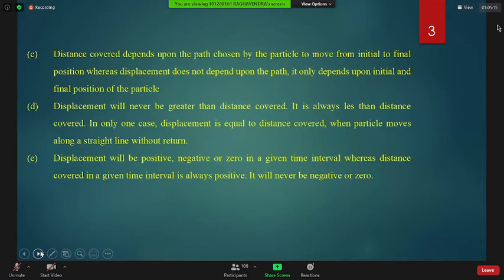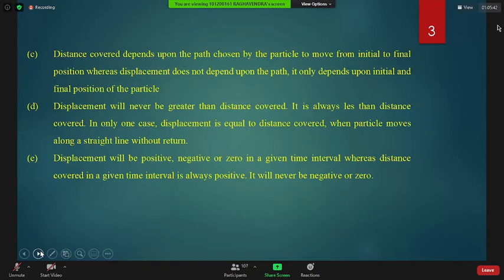Okay, sir. Is it clear to you? Yes, sir. Clear. So displacement will never exceed distance. Distance covered will always be greater than displacement. Only in one case, distance and displacement will be equal, beta.